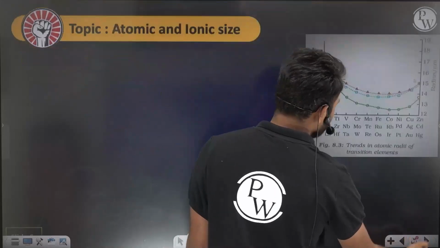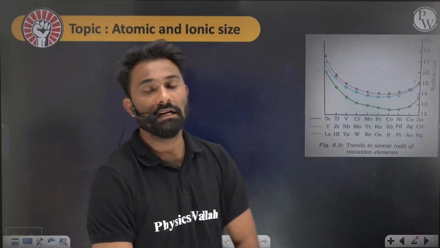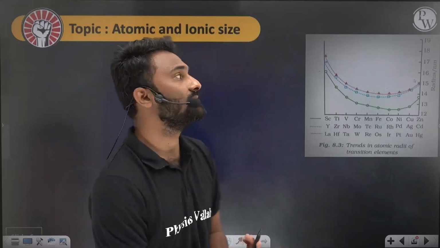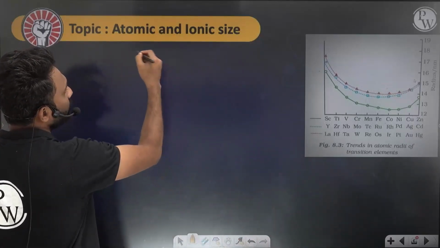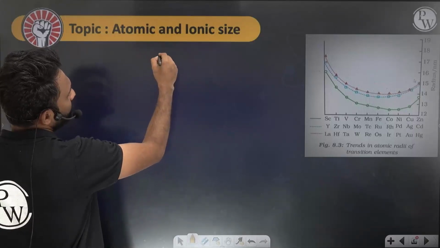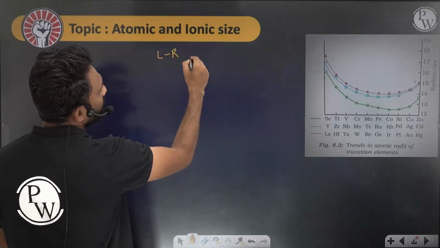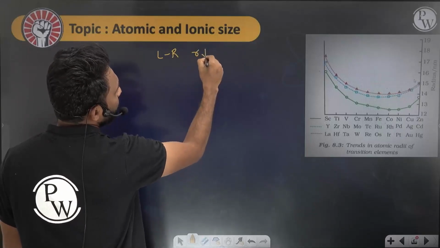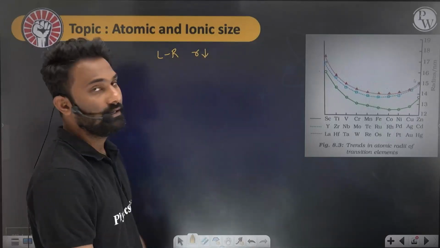Next, atomic size and ionic size. ನಾವು ಹೆಂಗ್ ಫೈಂಡ್ ಮಾಡ್ಬೋದು ಅಂದ್ರೆ, in our periodic table if you move from left to right, ಏನಾಗುತ್ತೆ? Left to right, size is decreasing.